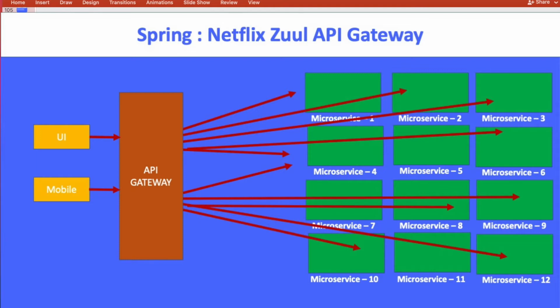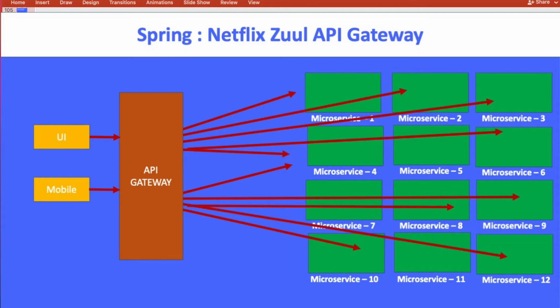So you can be saved from any security threat because this is under one private network, and only the API gateway can access those things. Because earlier there could be many UIs calling the microservices, but in this case only the API gateway would be calling the microservices. So you can keep them in a safe place in the private network to avoid any kind of security threat.